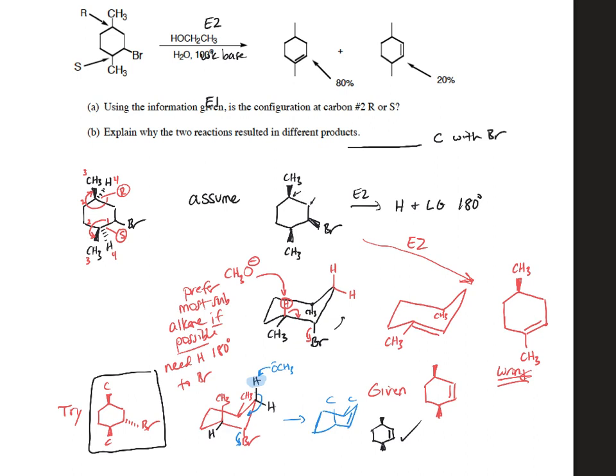Okay, and they did ask if it is going to be R or S. And let's see. I think that it ends up being an S, but let's just check that out. So bromine is number 1. And there's a hydrogen coming at us, right? There's the H, it's number 4.